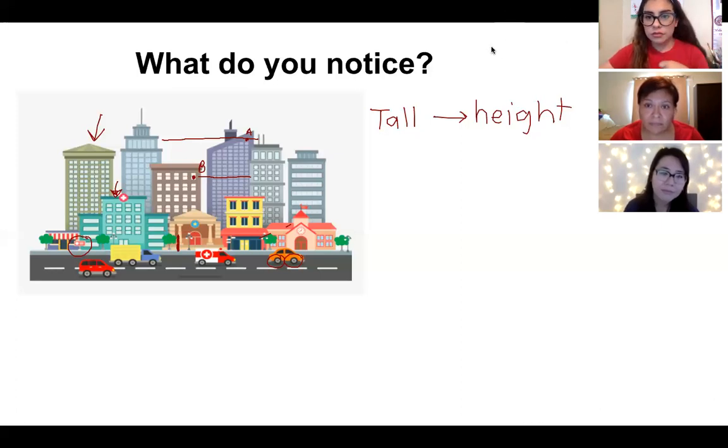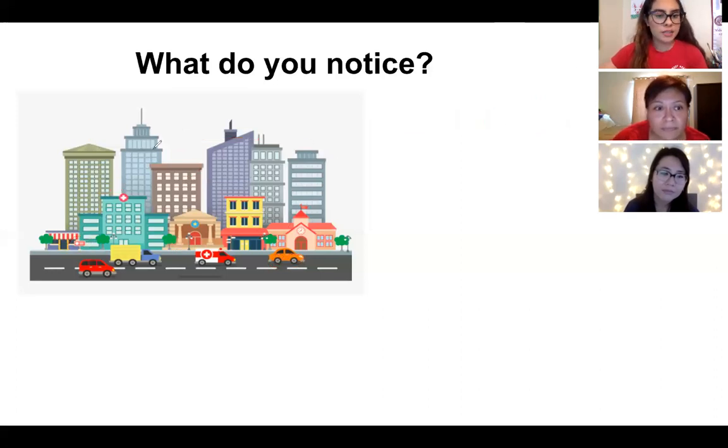Right here, if we notice, all of these taller buildings have different points of height. So if we're looking at this purple building right here, what would we consider the top? Would it be this point, point A? Would it be this point, point B? Or would it be this point, point C? And how do we know?